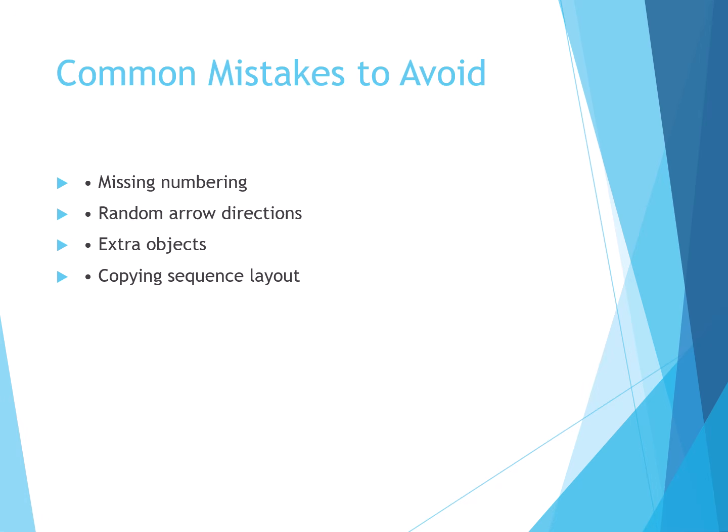Adding extra objects that are not in the sequence diagram; we don't need to add them. Copying the same layout from the sequence diagram; we don't have to copy. You see a lot of difference between a sequence diagram and a collaboration diagram, right? So you have to avoid these and you will instantly stand out.